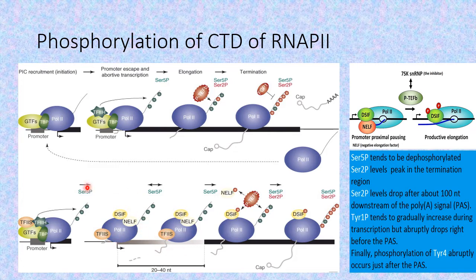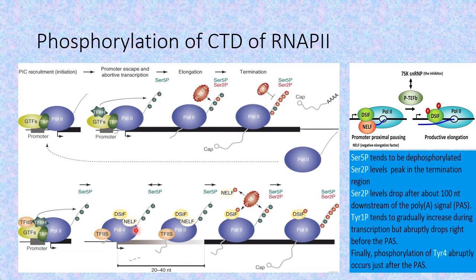That is because there are two regulators of this transcription process, that is DSIF, and the negative regulator of this transcription, that is the NELF. These two are also associated with this RNA polymerase second.